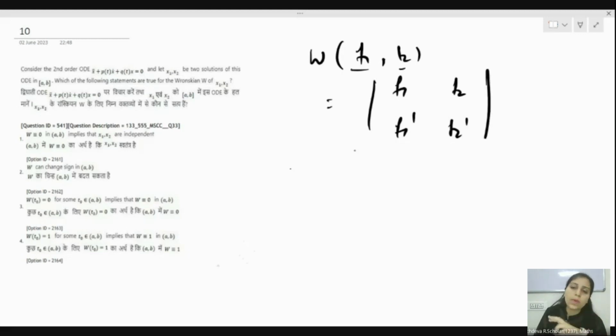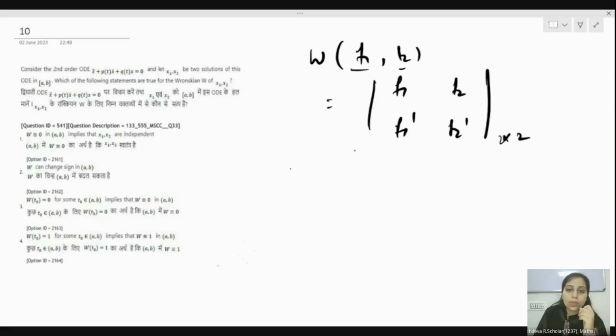Problems up to two functions have been seen in previous years. It can be on more functions, then more derivatives will be found and the determinant changes accordingly. Here it is 2 cross 2, if 3 functions, then 3 cross 3, and so on.